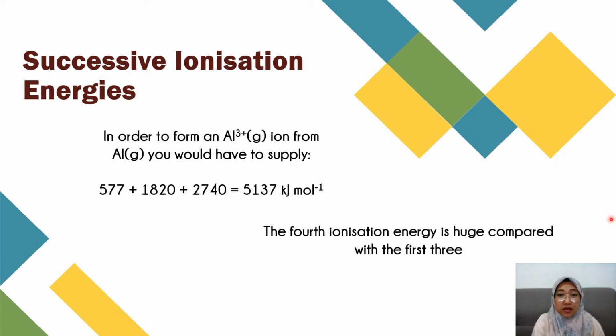So the fourth ionization energy is huge compared with the first three. Jadi the first three dia agak beza dia tak jauh sangat compare yang keempat. Bila dia ada huge difference, perbezaan yang sangat besar menunjukkan tenaga yang diperlukan untuk mengeluarkan elektron tu sangat tinggi, menunjukkan dia berada dalam shell yang berbeza.